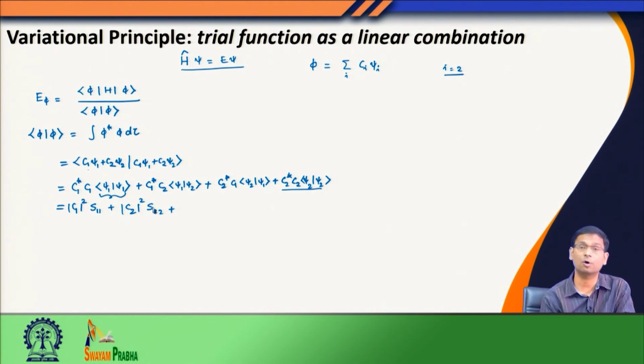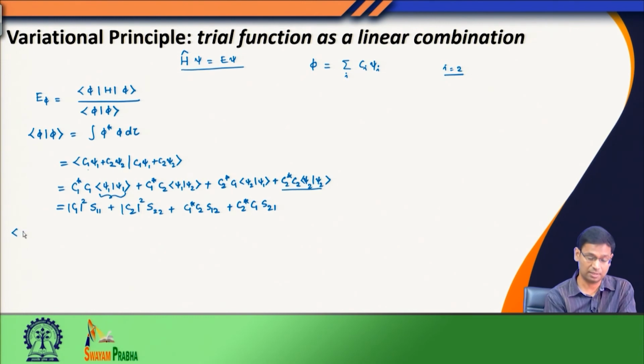So, this S is the overlap integral. This term over here shows me C 1 star C 2 S 1 2 plus C 2 star C 1 S 2 1. So, these S functions are the overlap integrals that I am getting. So, this is what I am getting from phi phi.